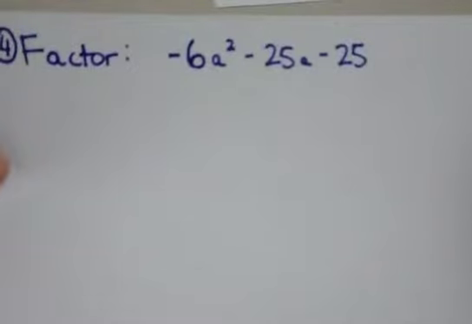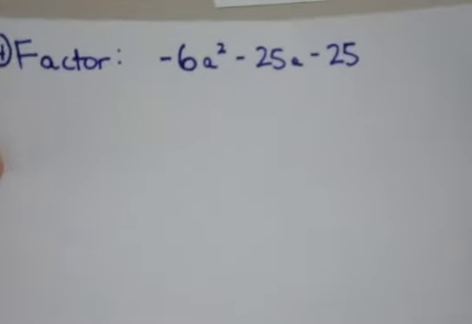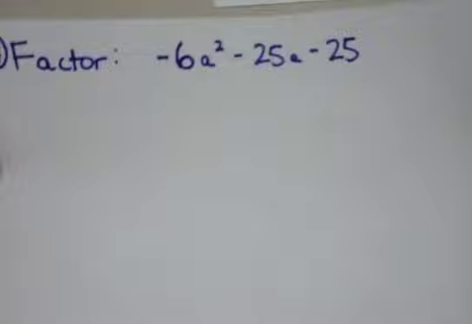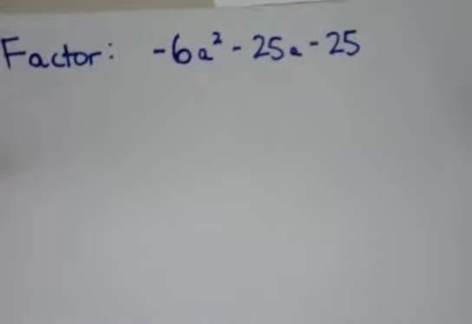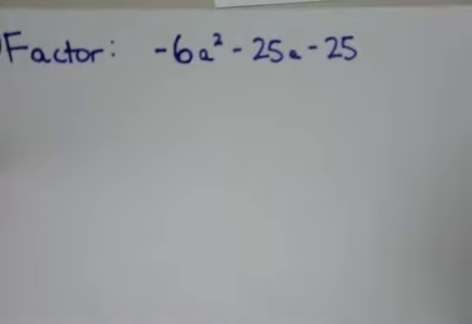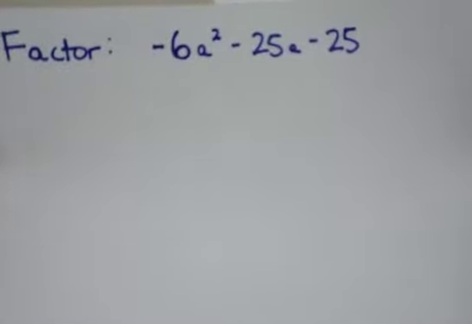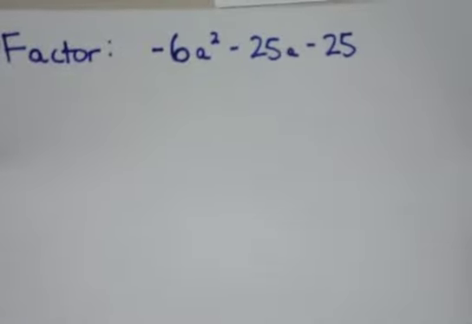and that's it. So the last problem we're looking at today asks you to factor negative 6a squared minus 25a minus 25. And I want you to look at this problem very carefully, because if you see something here, it'll save you a lot of grief in the future.